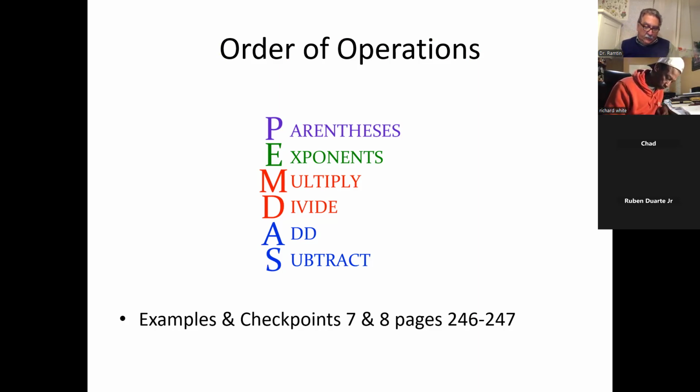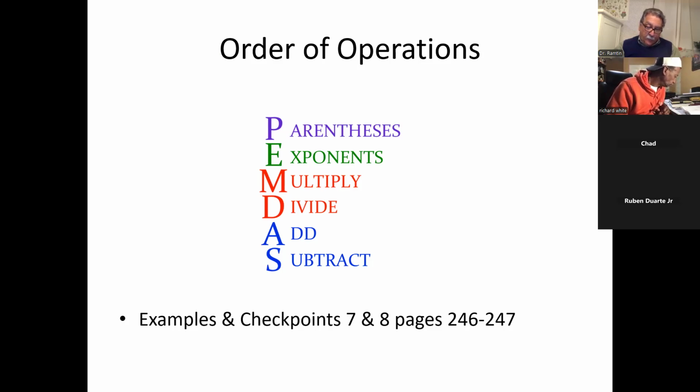So we write it, then first we do the exponential expressions. 6 to the power of 2 is 36. 2 to the power of 2 is 4. So I write it again, you see that in the second line: 36 minus 24 divided by 4 times 3 plus 1.